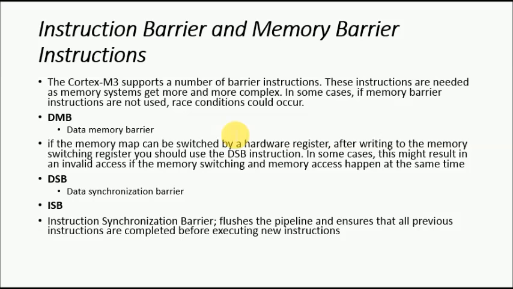So here the synchronization can be achieved using the instruction DSB. After execution of the DSB instruction, we can use the memory related operation. Instruction synchronization barrier: this ISB instruction flushes the pipeline and ensures that all previous instructions are completed before executing the new instruction.